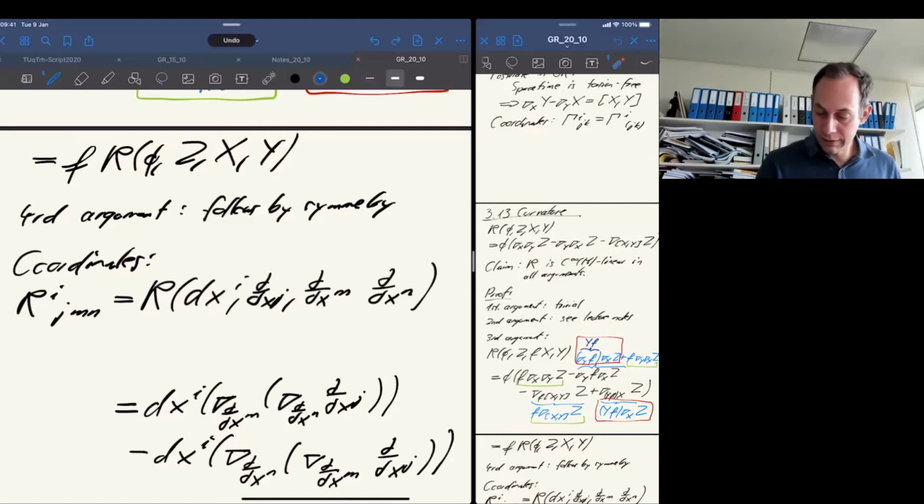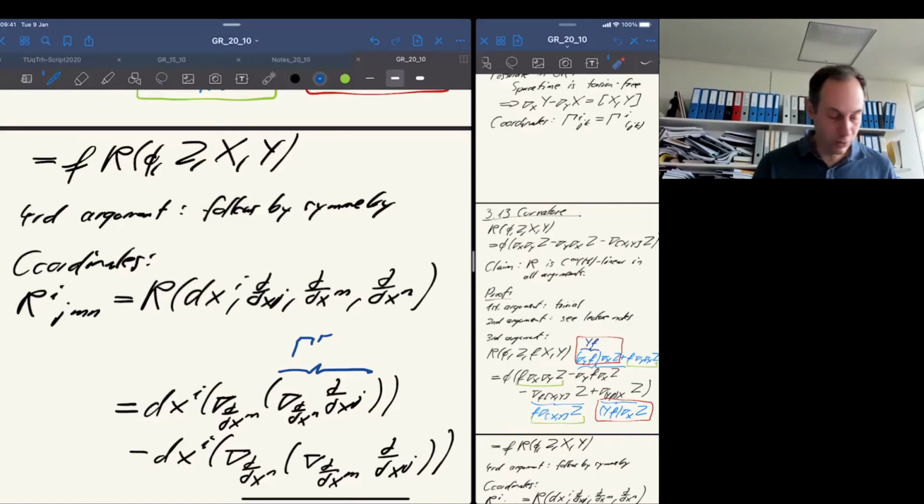Now, what's the gamma symbol notation for that thing? You can easily see that, now I don't have a dx in front of this term, but I can just introduce a new index, let's say r. That's an index over which I will sum.